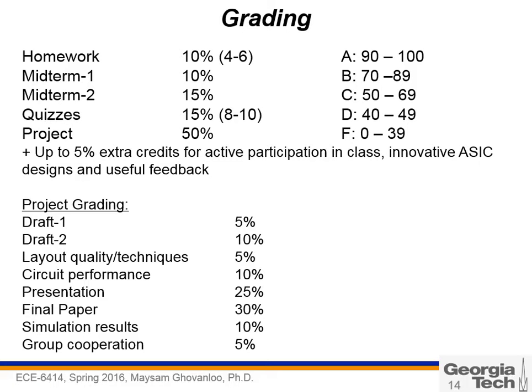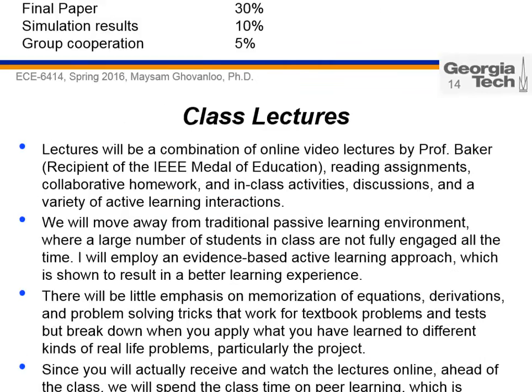This is also done in groups and will be conducted in the form of a conference session. In addition to that, we have a final paper that is 30% of the final grade, and it should be done in IEEE format. And finally, we have simulation results 10% and group cooperation, which is the grade that you give to your group mates.